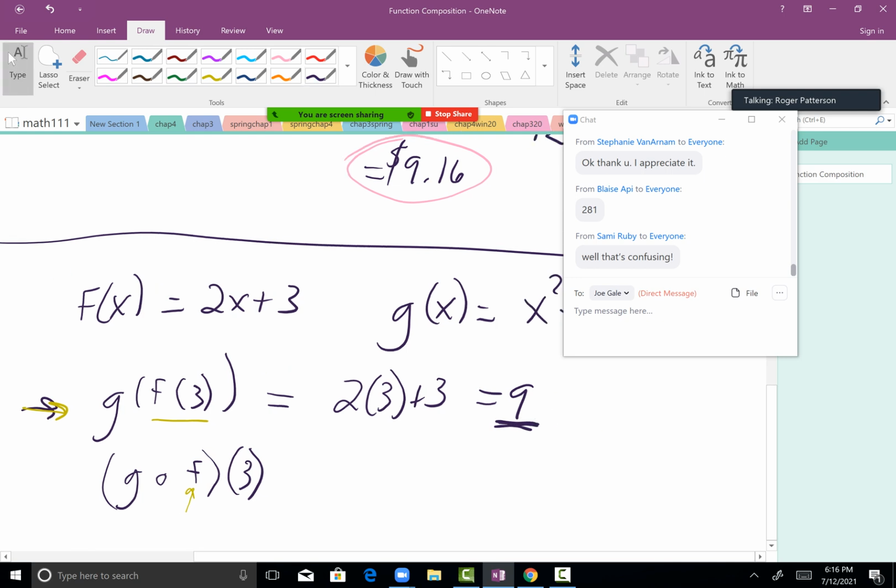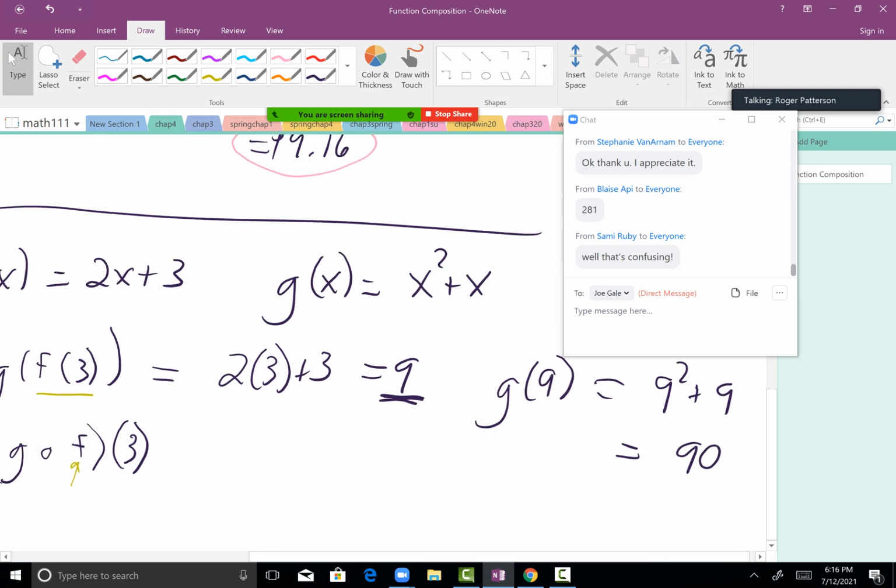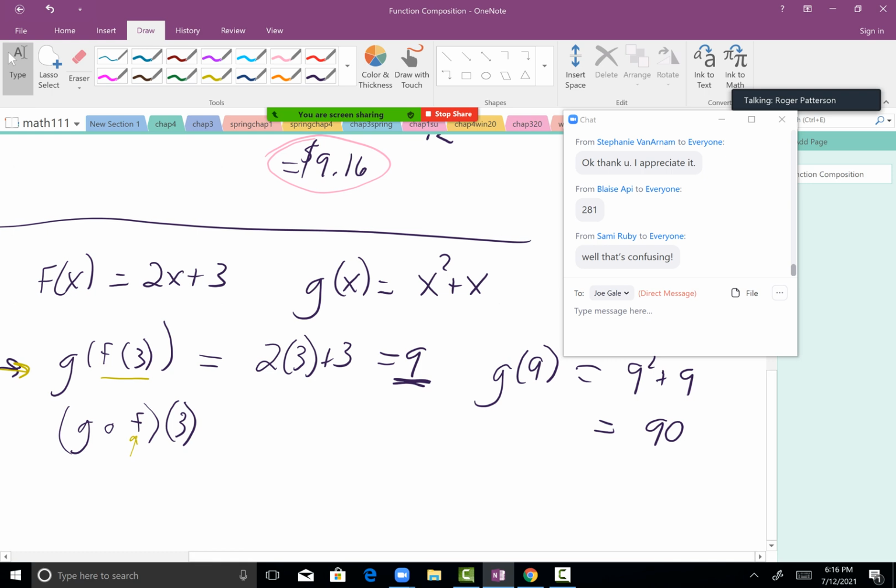And what does it become the input into? The g function. So now we're going to take g of 9 and put that. So we're going to get this pretty big number here, 90. Okay. That's how function composition works. So we started with 3. That's my input, and 90 is the output.